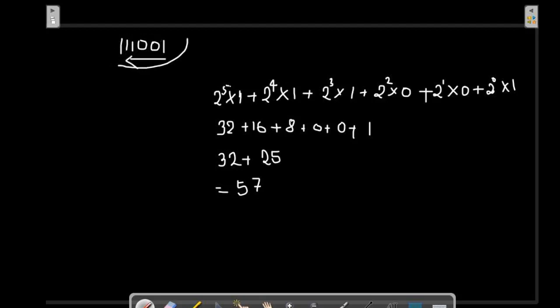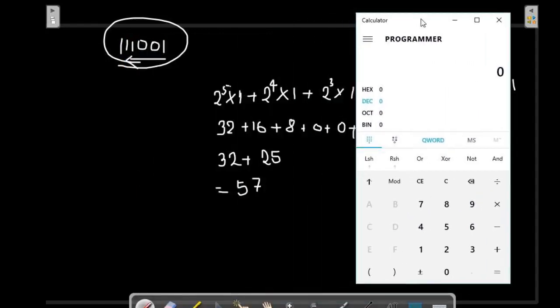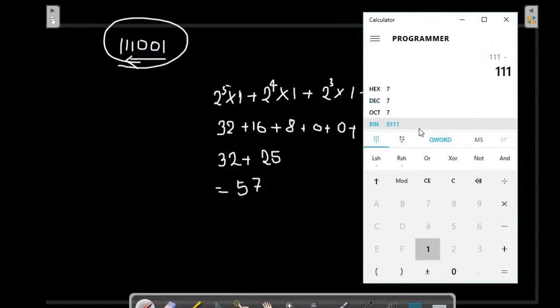So the decimal number for this binary number will be 57. We can again check that over here, that the decimal for 111001 is 57.